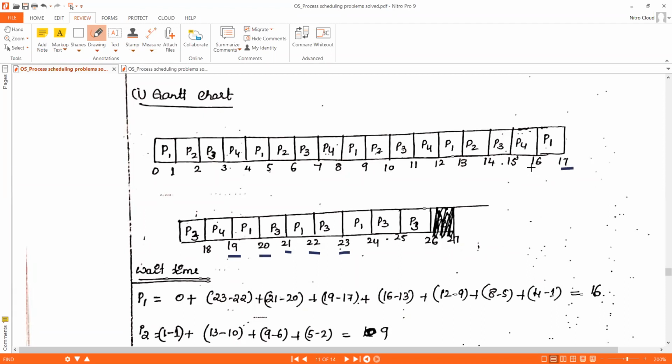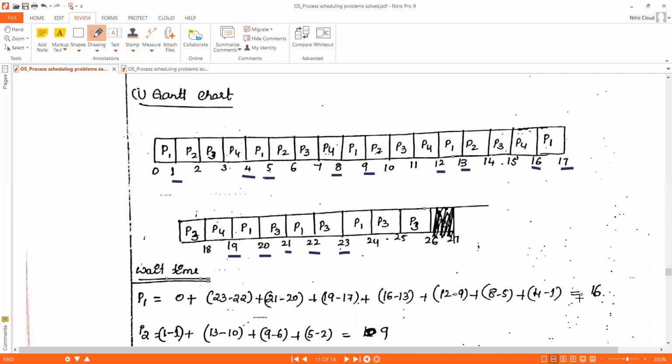Next 16 minus 13. 12 minus 9. 8 minus 5. 4 minus 1. We should sum all these values, and we will get the waiting time: 23 minus 22 plus 21 minus 20 plus 19 minus 17 plus 16 minus 13 plus 12 minus 9 plus 8 minus 5 plus 4 minus 1.